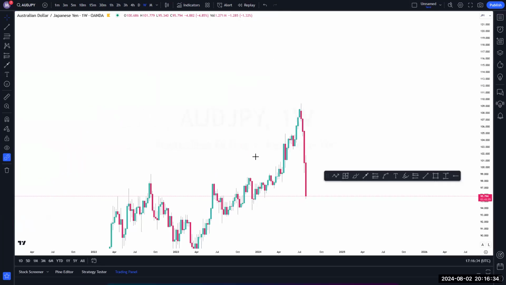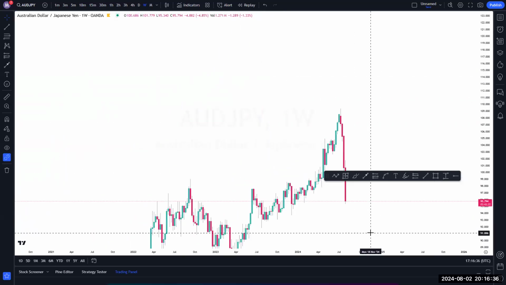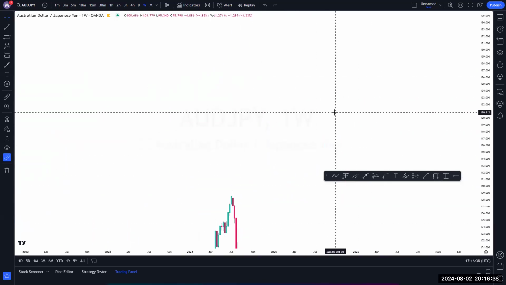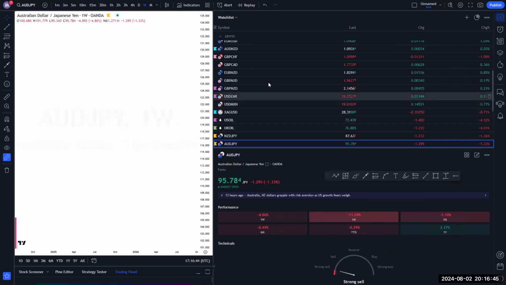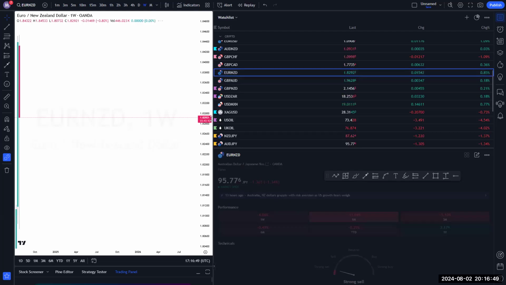So you have now to follow what I was talking about. Whenever you go on NZ pairs, like you saw here on Euro NZ, it had an area of liquidity which GBP NZ didn't have.